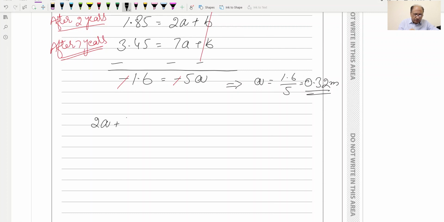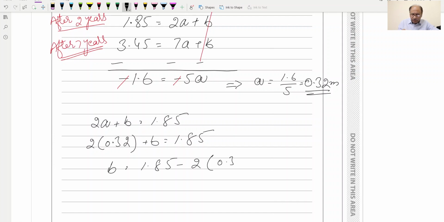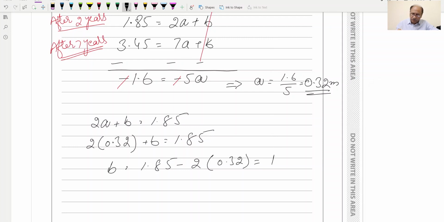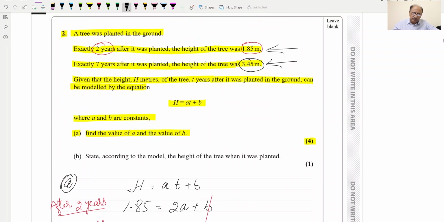So 2a plus b is equal to 1.85, so 2 into 0.32 plus b is equal to 1.85, and b will be equal to 1.85 minus 2 into 0.32, and after simplification this is equal to 1.21 meters. This will be basically the answer for this one.